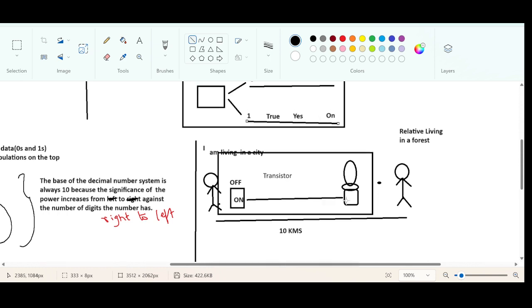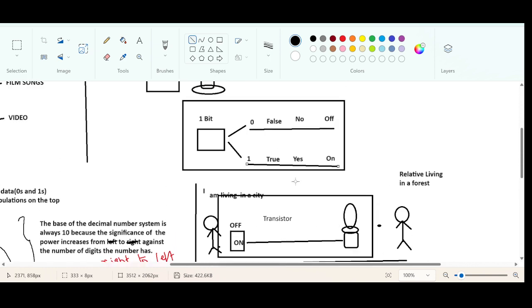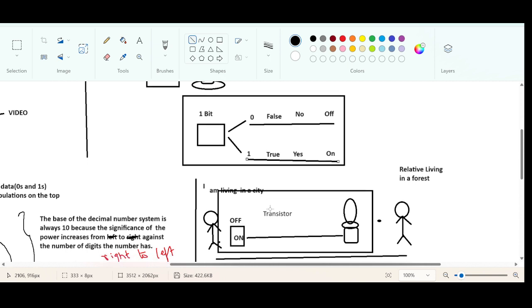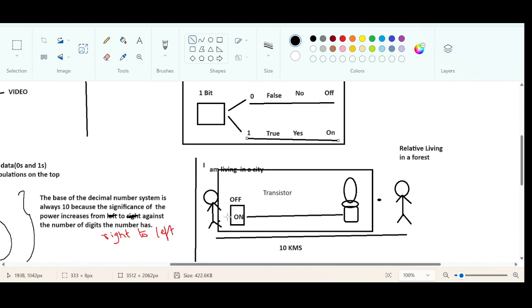So this operation is equivalent to 1 bit. Right? If you have one switch and one bulb, you can potentially send two kinds of information. You can tell your friend that you are on the safer side, so you do not have to turn on the bulb.